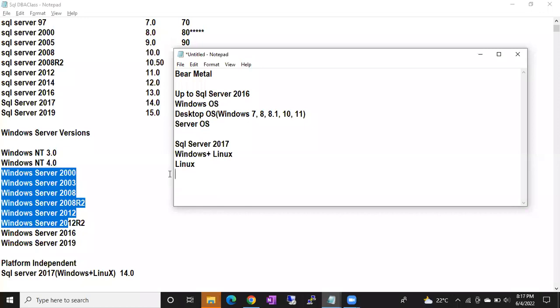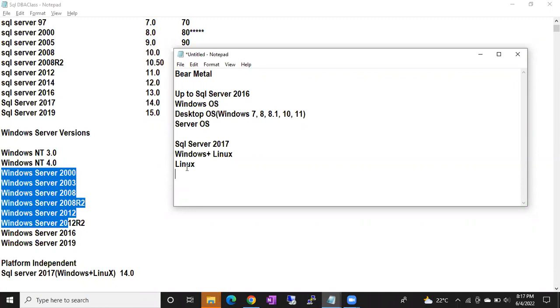So up to 2016, SQL Server is platform dependent, guys. From 2017 onwards, SQL Server is platform independent. You can install it on Windows, and you can install it on Linux also.